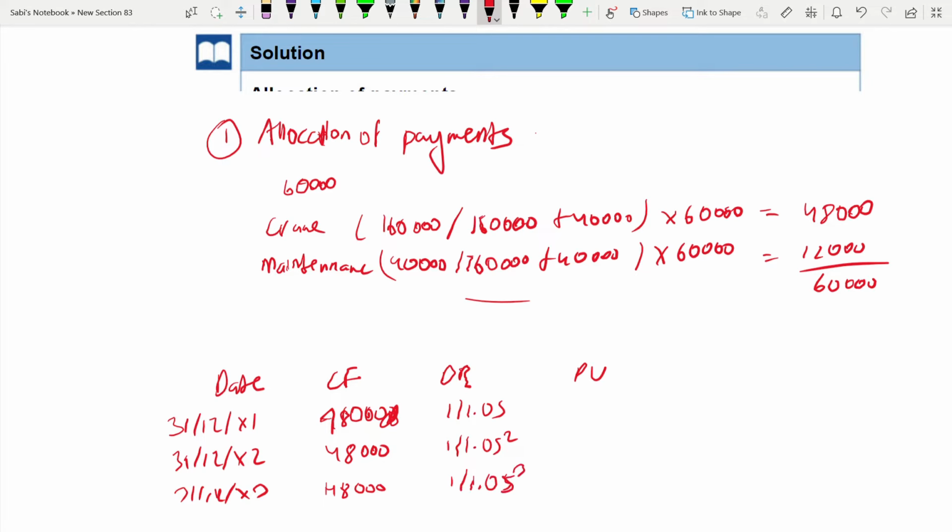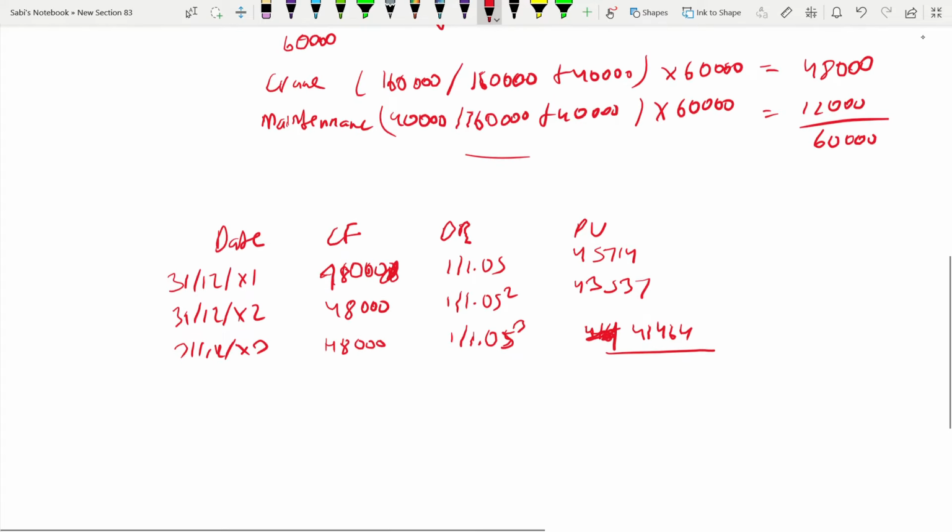This is how you find discount rate, and you multiply discount rate with cash flow and find the present value. 45,714, 43,537 and 41,464. Add them: 130,715. You need this total value. That's why we found it for 3 years.